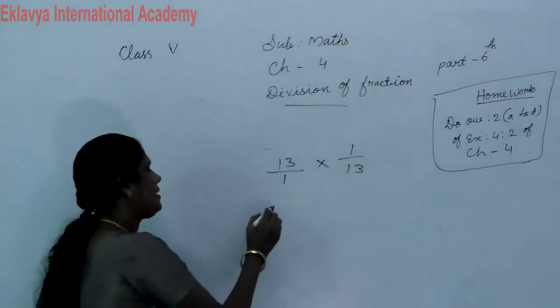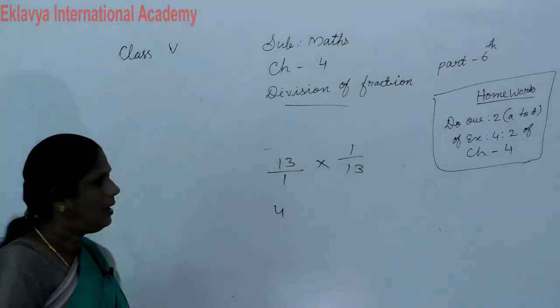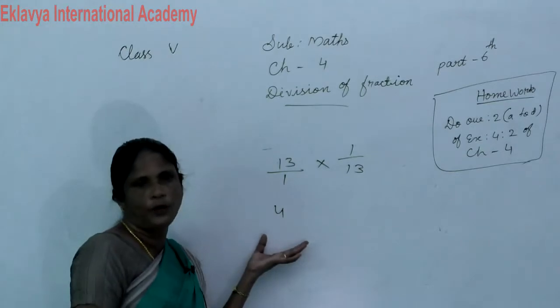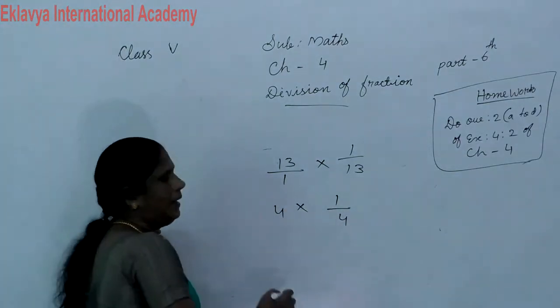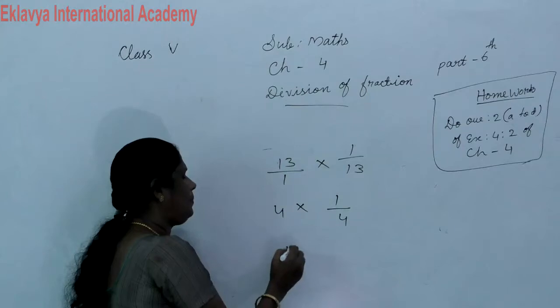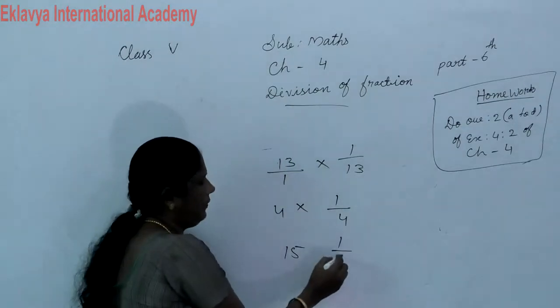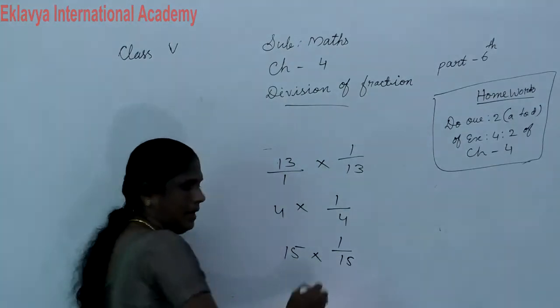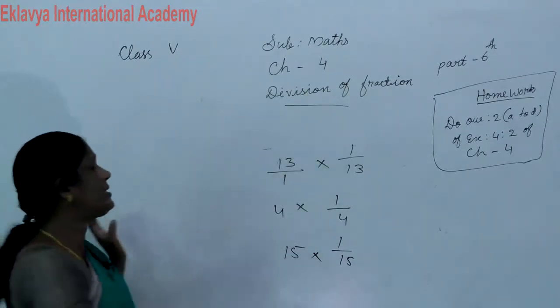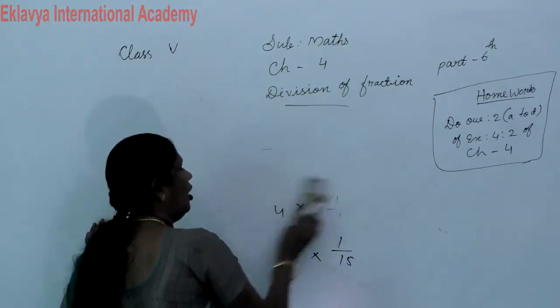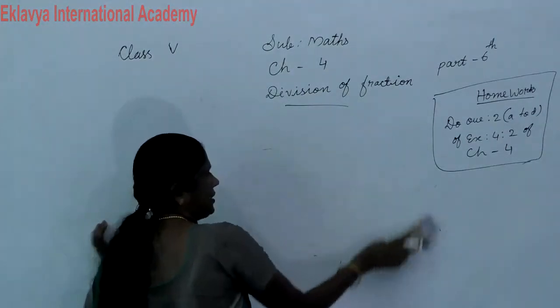Okay. What is the reciprocal of 4? The reciprocal of 4 is 1 by 4. Then what is the reciprocal of 15? 1 by 15. Understand?